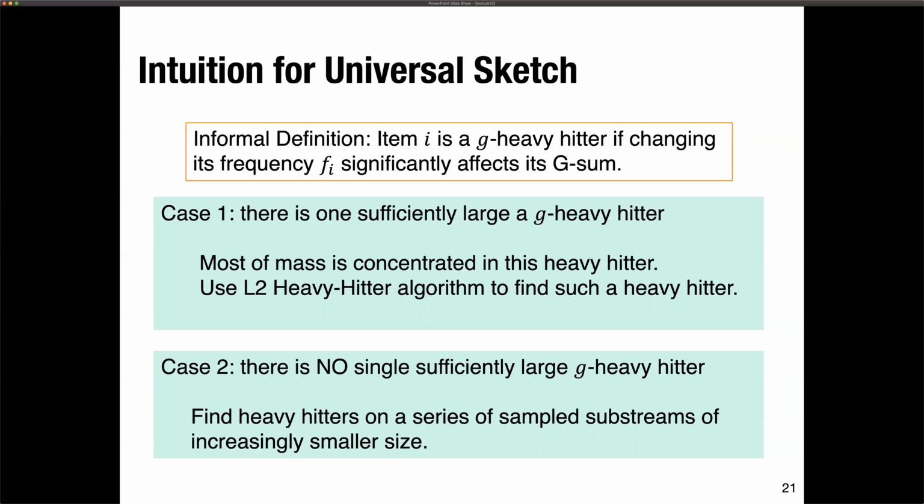But if it is not sufficiently large, then you find heavy hitters on a series of sampled substreams. So not the entire data, but you sample the stream, with substreams of increasingly smaller size. Based on that, you try to estimate the G heavy hitter.